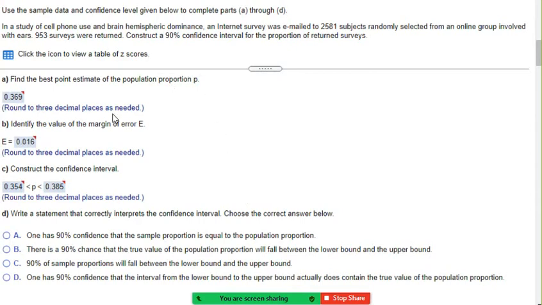So here in this next one, you could type in some information here. So you'd have 2,581 subjects were selected. That'd be your N. This is your X. You could input that information to construct a confidence interval.